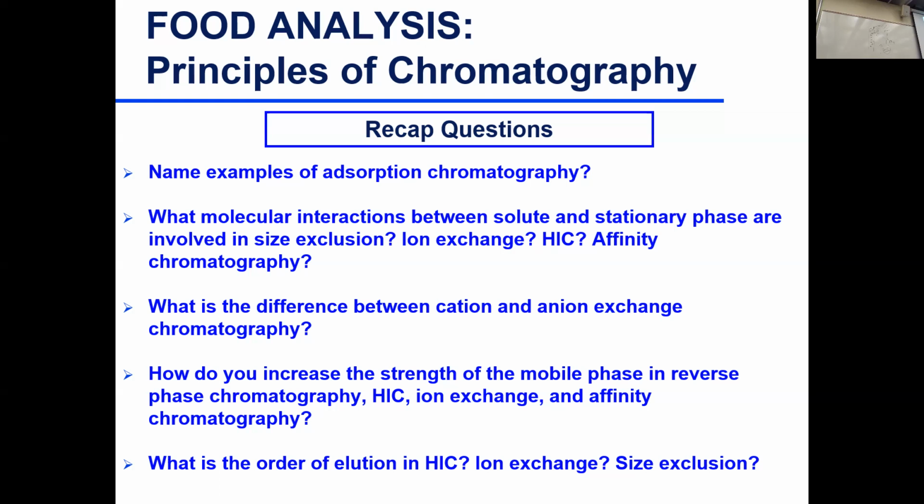Sometimes if it's protein, you want to be careful not to get to a pH close to the isoelectric point. Then the protein will precipitate on the column. You don't want that to happen. So it really depends on your molecules, and you have to have a good understanding of your molecules, and then you have to try things out and see what works. But changing the concentration of salt and changing the pH is what you would do to increase the strength of the mobile phase. In which direction? It depends.